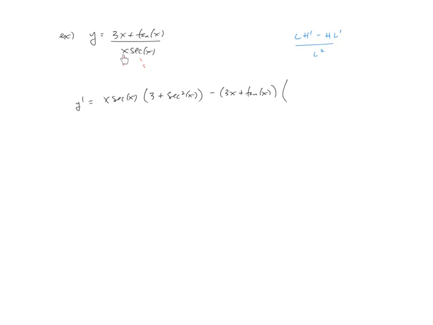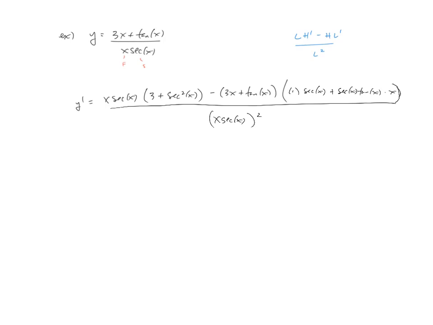So derivative of the first would be 1 times the second. So we'd have a 1 times the secant x plus derivative of the second back times the first. Well, the derivative of secant is secant x tangent x back then times that x. And that whole thing now needs to be over the denominator squared.